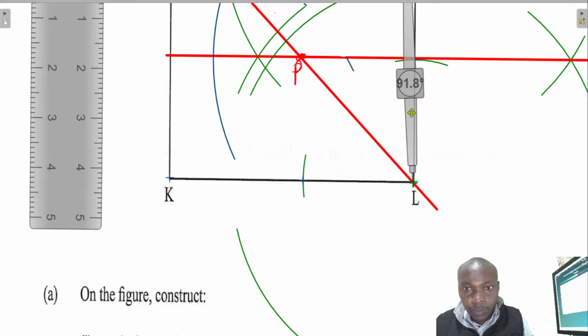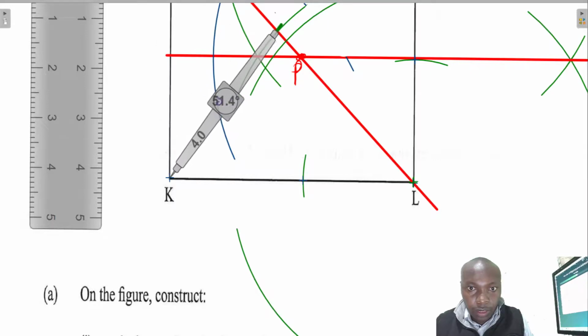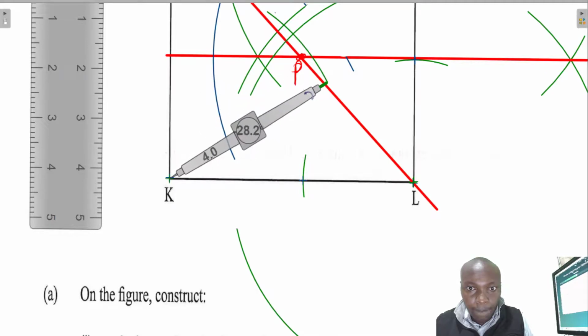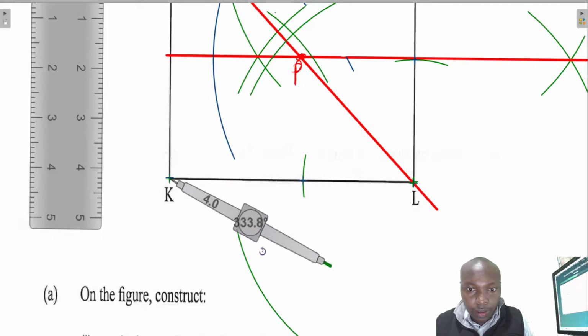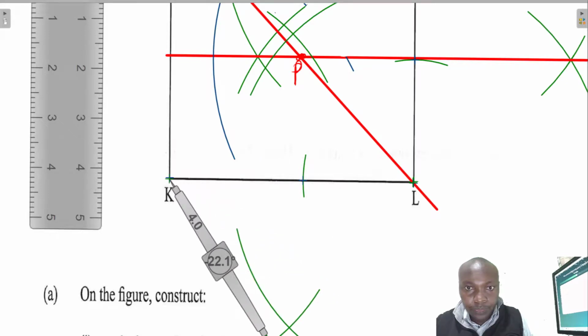Then the arc that I've made, I need to cut that arc there, and the one that is below here, I cut it there.